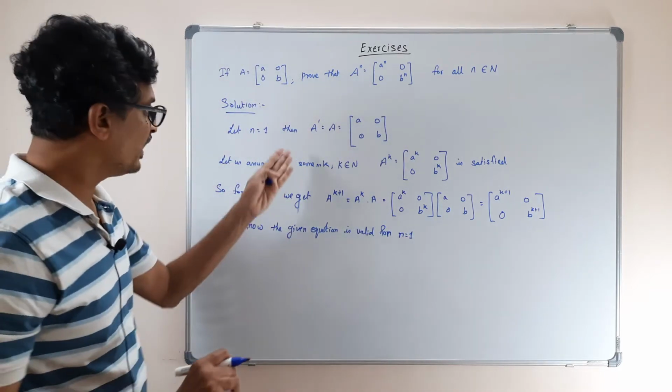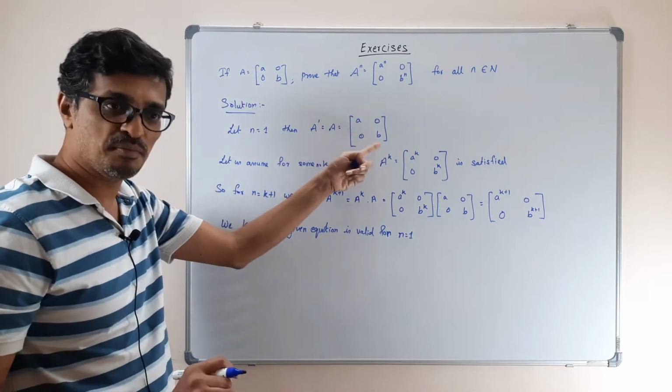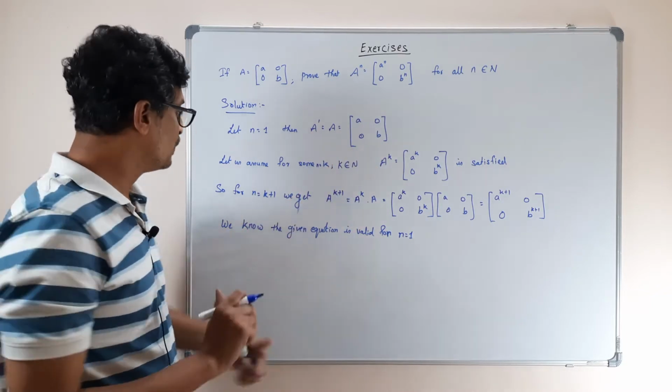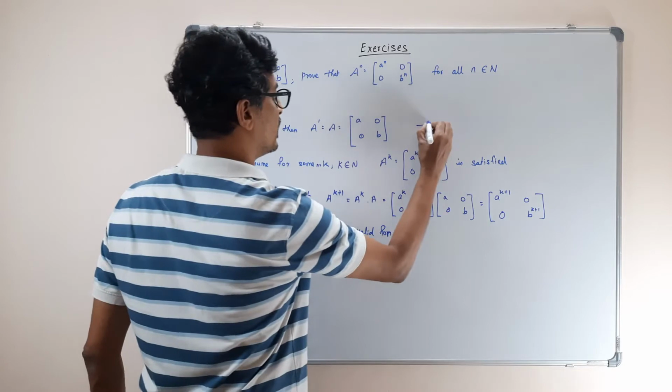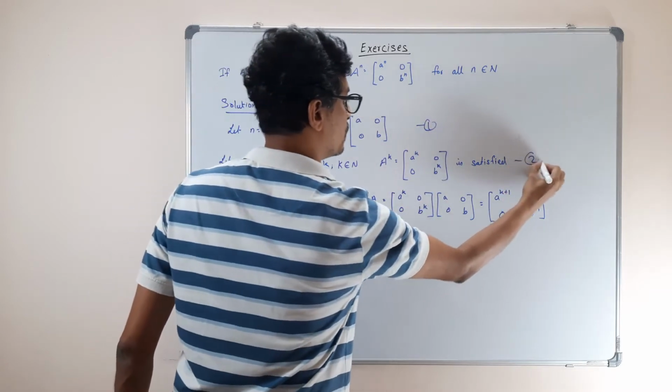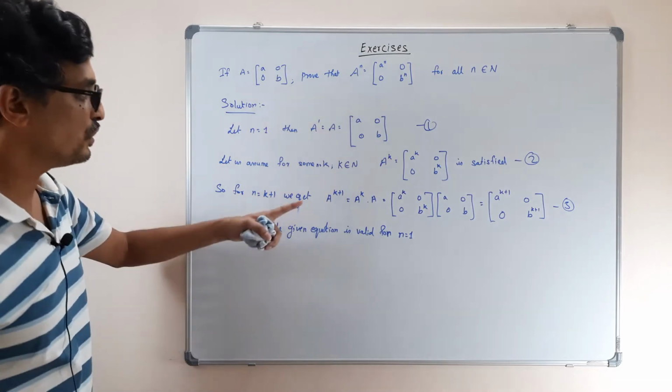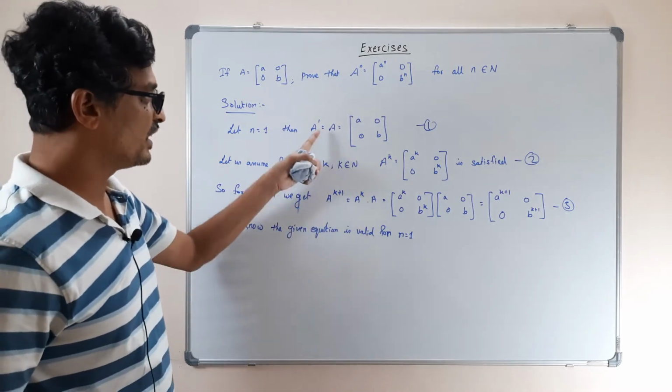N equal to 1 is valid, because we verified n equal to 1 earlier. So now let me call this 1, this 2, and this 3. So for n equal to 1 it's valid.